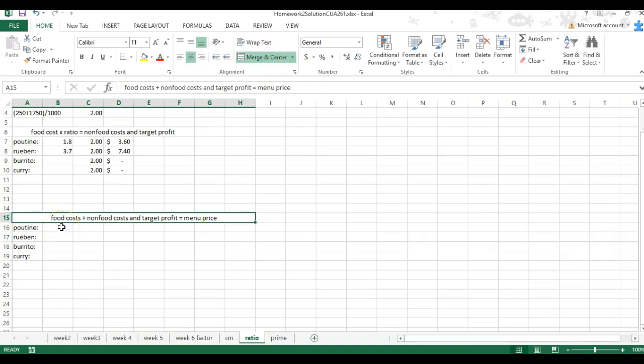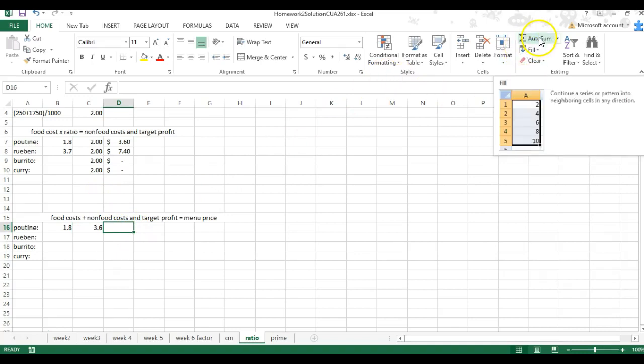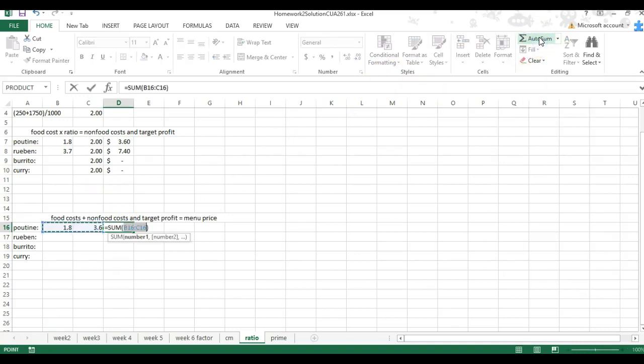That looks nice. All right. Food costs. 1.8. 3.6. And AutoSum.